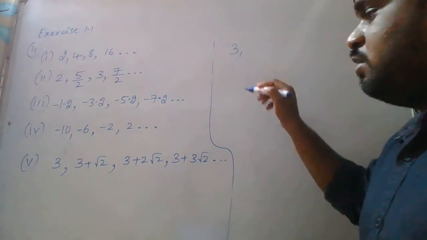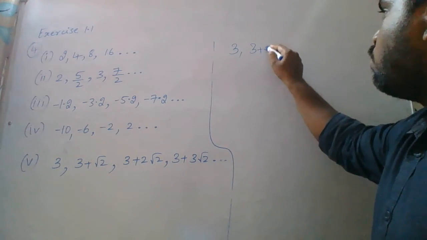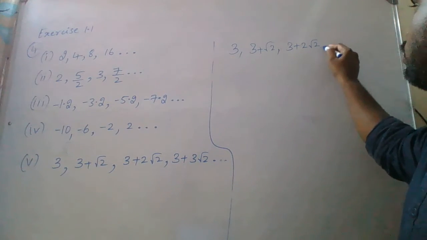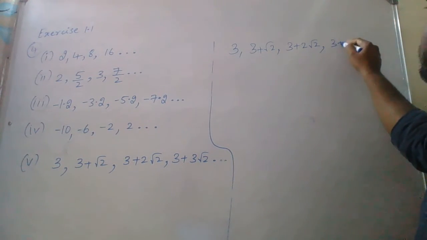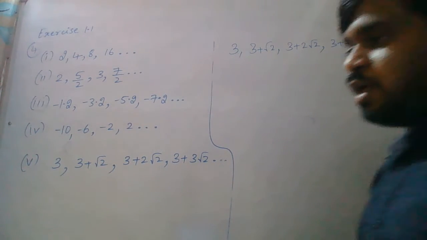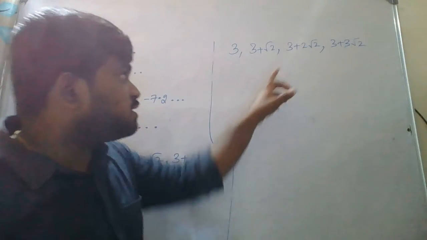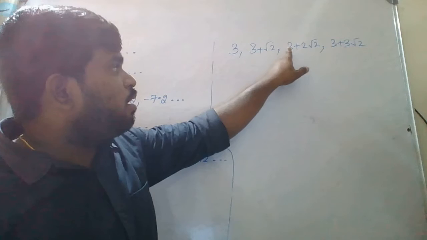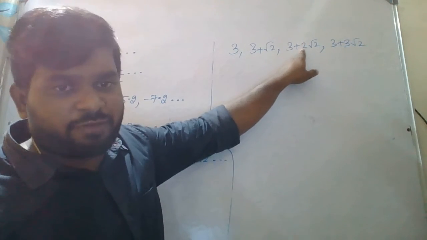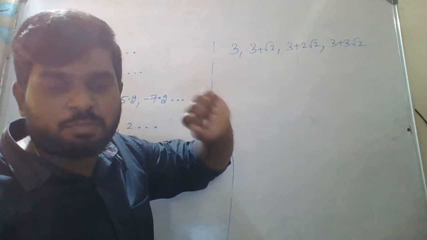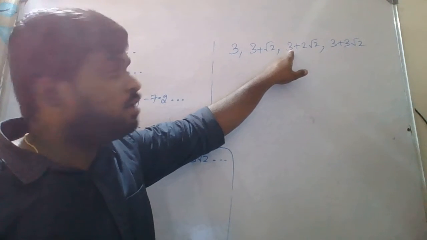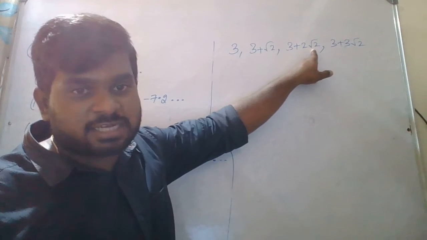So 3 plus root 2, 3 plus 2 root 2, 3 plus 3 root 2. And one more important thing. Just observe 3 plus 2 root 2. Can I write this as 3 plus 2, 5 root 2? No, that is not possible. Why? Because this 3 is a rational number, but 2 root 2 is an irrational number.